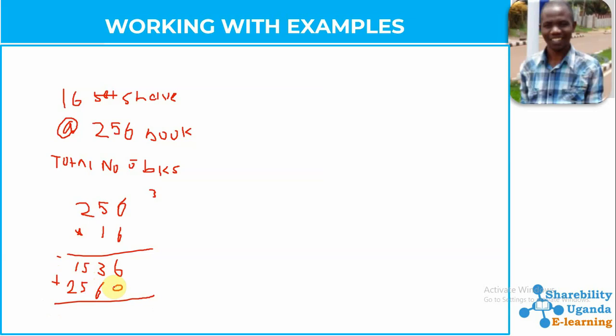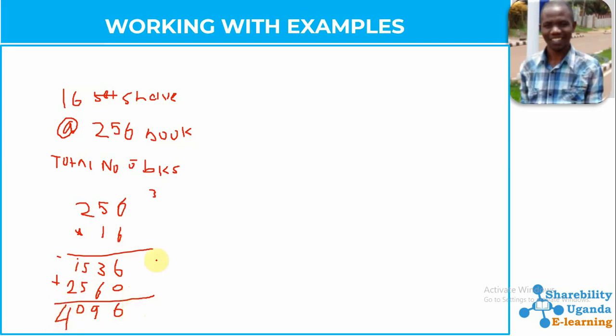After getting our final answer, we add. This is 6 and a 0, it is a 6. 6 and 3, we get 9. Then 5, we get 10. We write a 0 and carry 1. Then 1 plus 2 we get 3, plus the 1 we carried becomes 4.